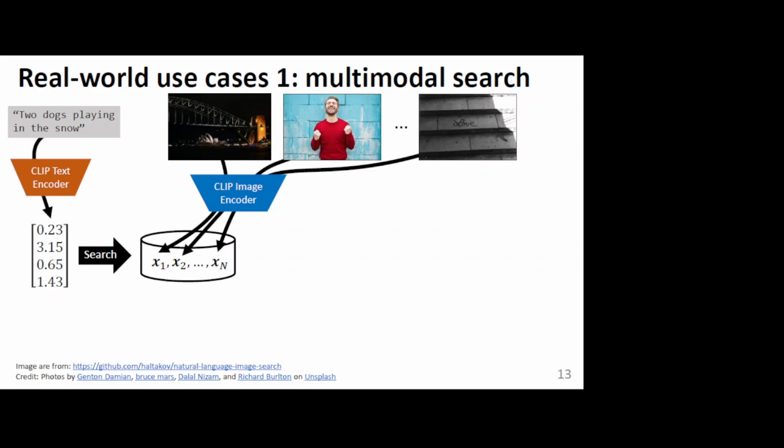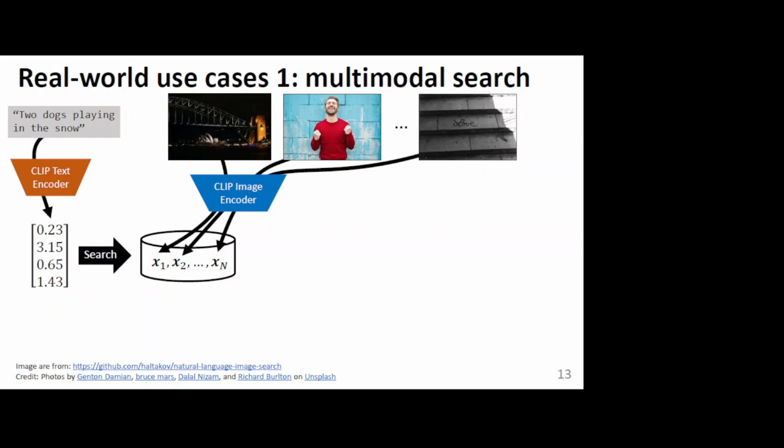And now I have a query. It's in text: the two dogs playing in the snow. It's a text modality query, and the CLIP text encoder, which is also a pre-trained model, converts it into a vector. Then I can use the text vector to search in my image vector dataset.